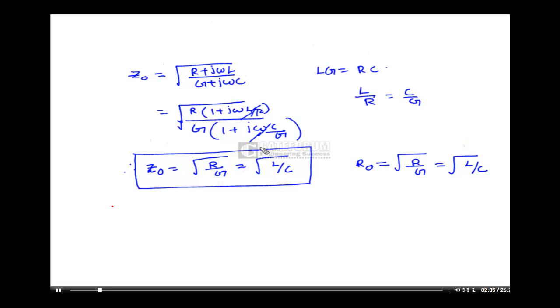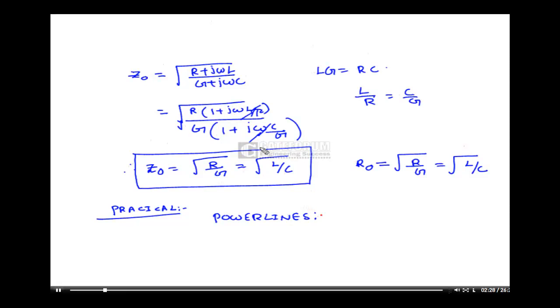Generally, practically speaking, power lines, that is the lines used for carrying AC frequencies, what we are using, that is 250 volts 50 Hz power lines.